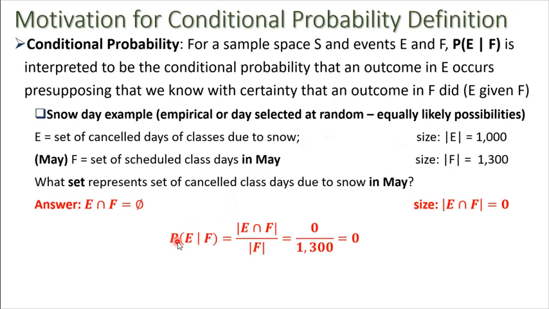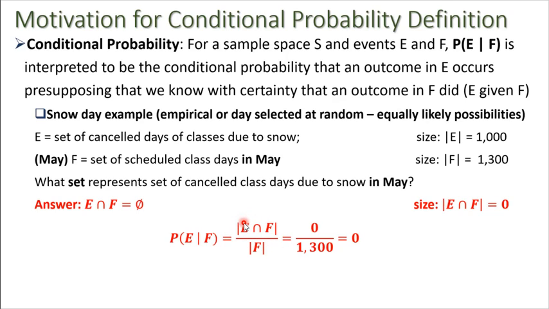But when we're considering the conditional probability that we had a snow day, given that we were in May, we don't consider all of the days that were canceled due to snow. We only consider the days that were canceled due to snow that were in May. So we're looking for days that are both in E and F, and that corresponds to the intersection of the two sets.